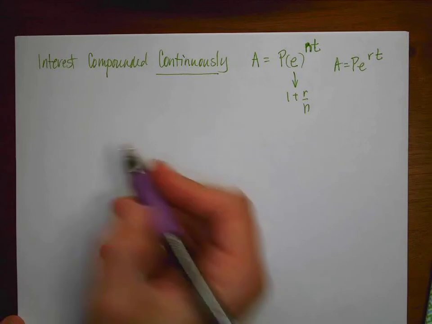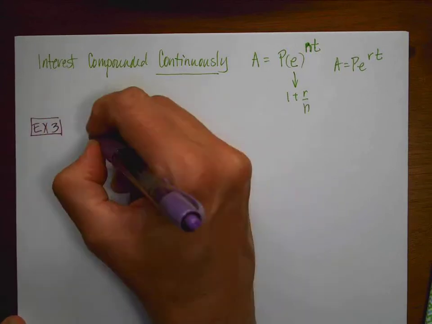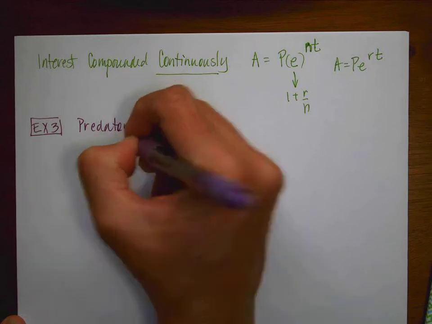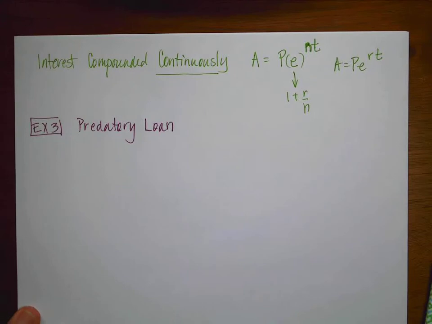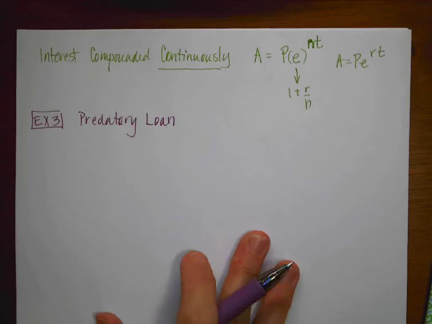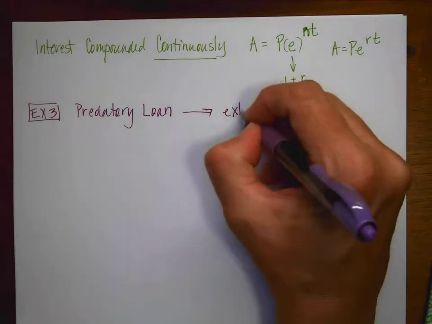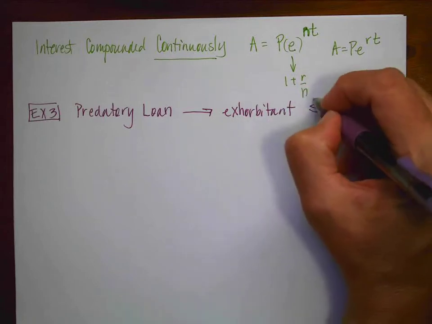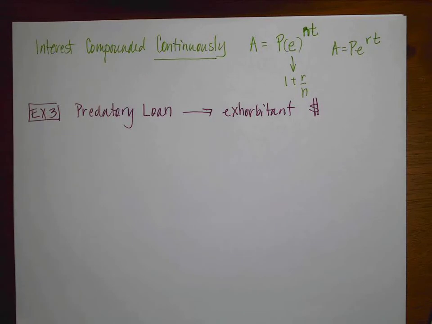Alrighty, so we're going to do example 3, and we're going to talk about what's called a predatory loan. That just sounds horrible. There are companies that are banking on the fact that you won't be able to pay your loan back over the short period of time, and they make exorbitant amounts of money at your expense.